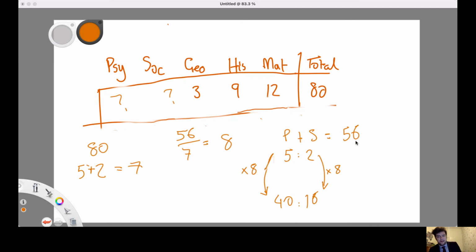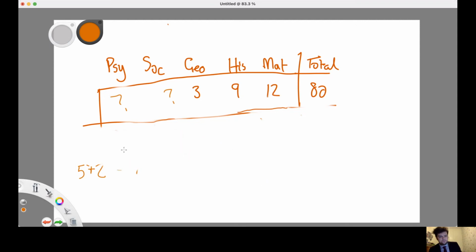So you work out how many students there are across psychology and sociology combined, add your ratio together, divide that total by the sum of your ratio, and that gives you how much to scale your ratio by. So that's harder than you'll probably get in an exam, but I just want to give you everything so you understand how ratios work generally.